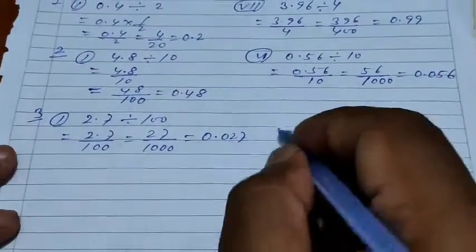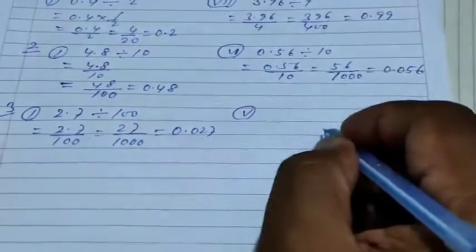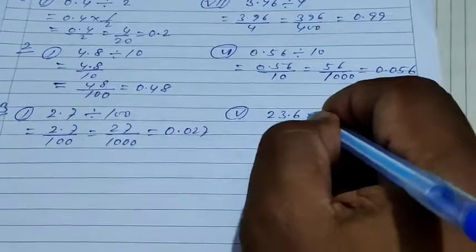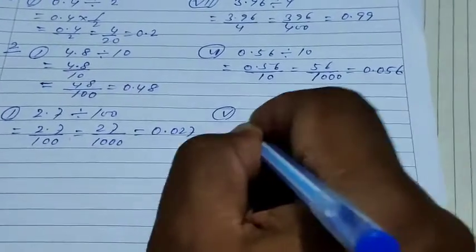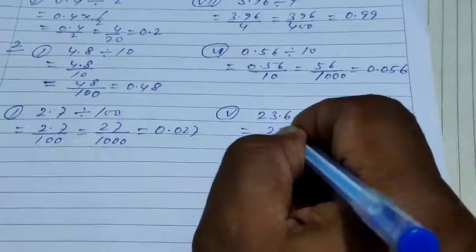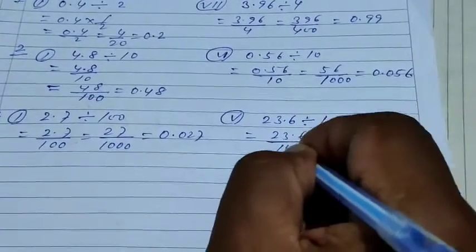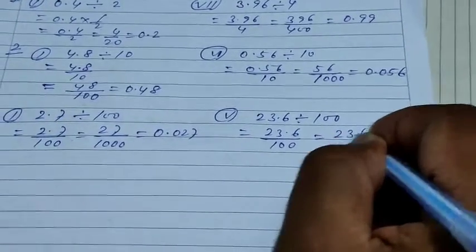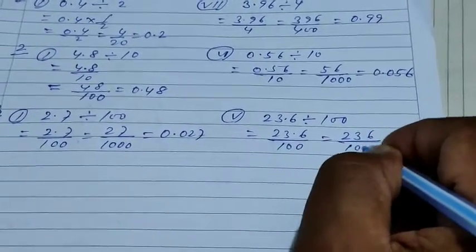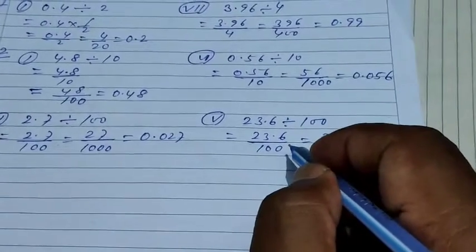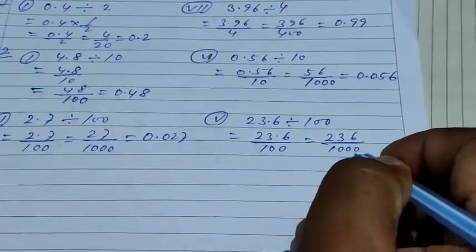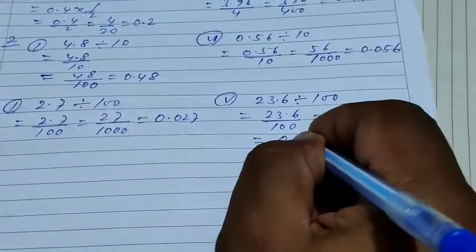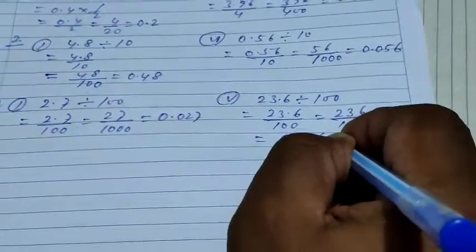Now fifth question of 3. Fifth question is 23.6 divided by 100. This equals 236 by 1000. After removing the decimal sign, we add 10 more in the denominator, and this will be equal to 0.236. This is the answer.